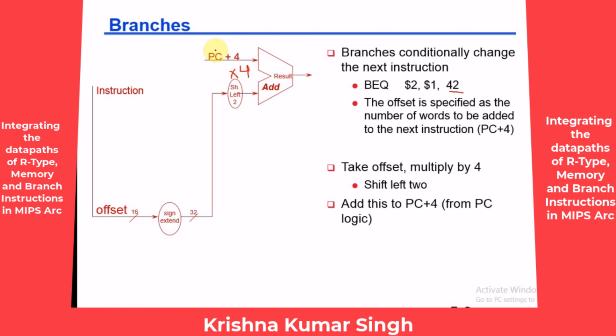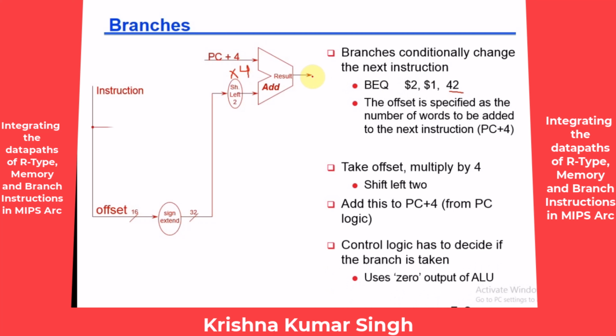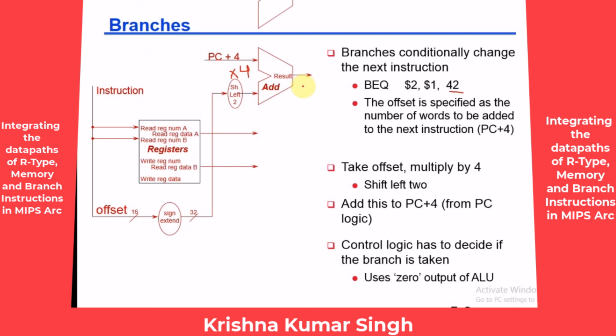So it is like we multiply this number by 4, and then this number will be added with the address of the next instruction. This value is inside the program counter. So in this way, we will compute the target address. This target address should be loaded into the program counter.